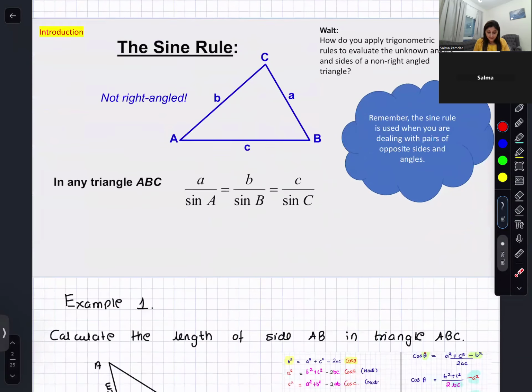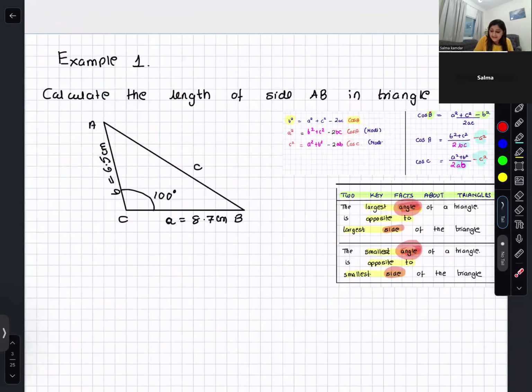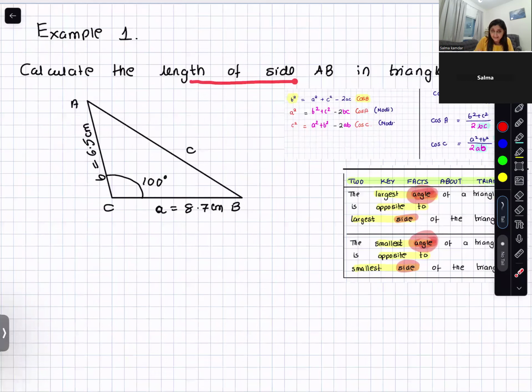Let's do some examples. You have to calculate the length of side AB. Since you have to calculate the length of side AB, you are going to use the formula that is related to the sides. The markings are already given to you.